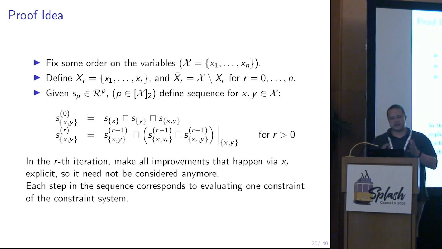And then the idea is that once I have made all of these improvements explicit, this x_r does not need to be considered anymore. And we remark here that each step in the sequence actually corresponds to evaluating one constraint of the constraint system. It's going to be important a bit later.